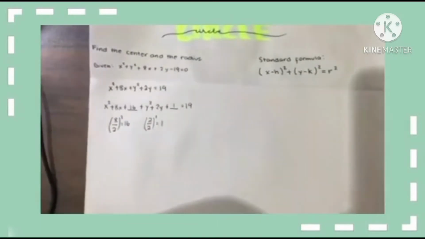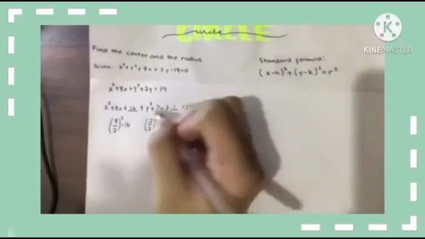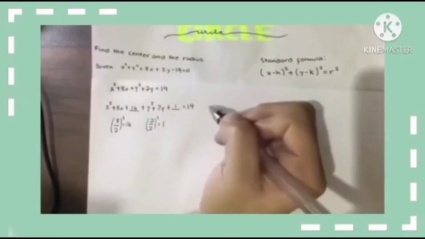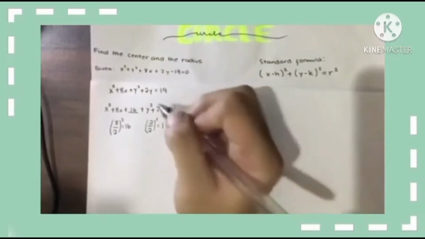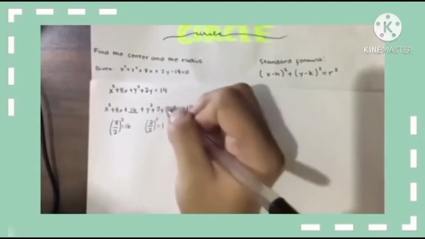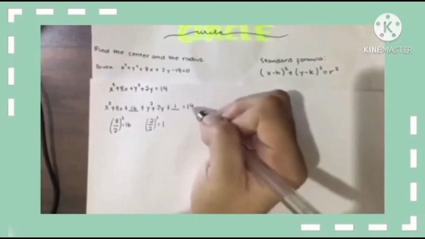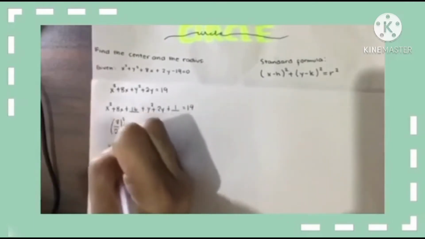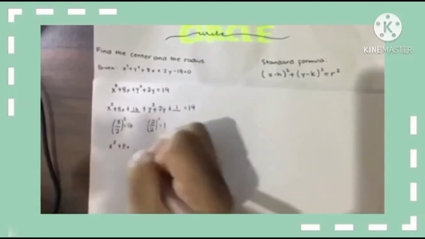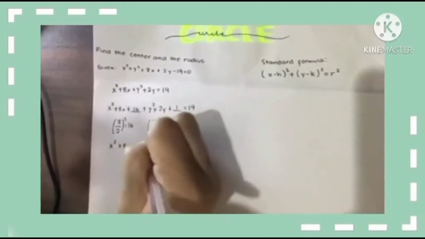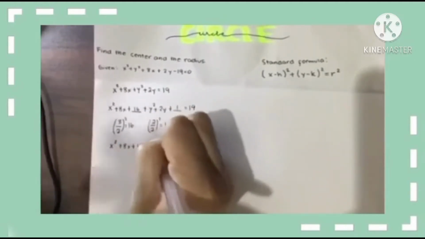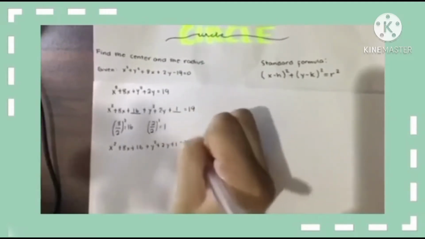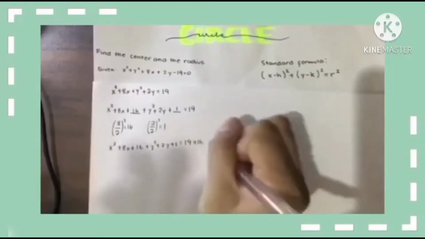The next thing we're going to do is add everything here, and add this on the other side. Remember, when you add on this side, you have to add it on the other side as well to keep it balanced. So we have x squared plus 8x plus 16 plus y squared plus 2y plus 1 equals 19 plus 16 plus 1.